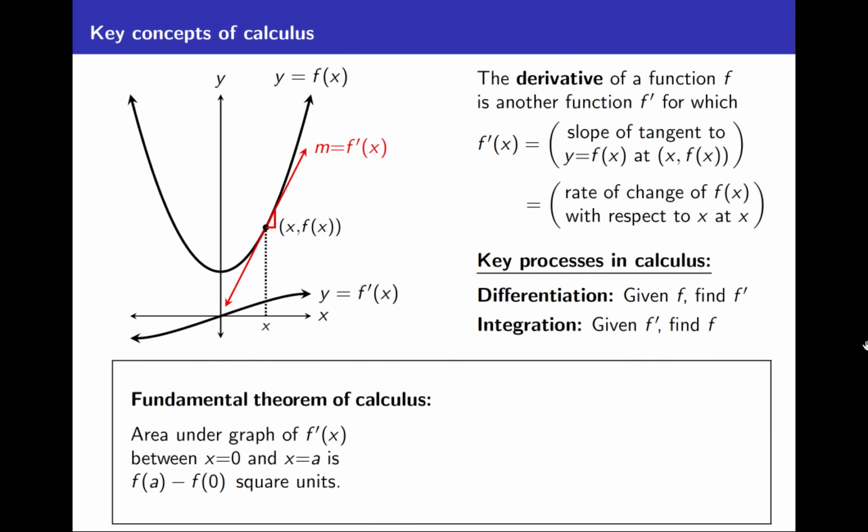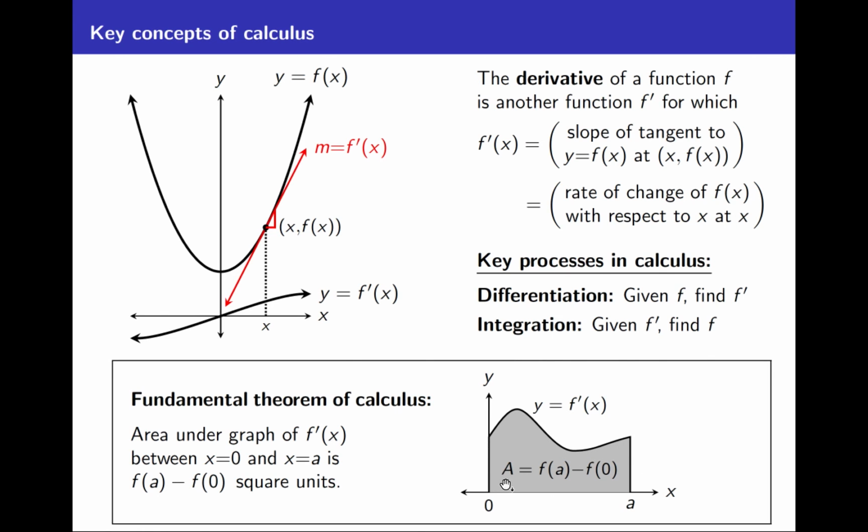And this probably needs a picture. Here I've graphed f prime of x, y equals f prime of x. That's the graph of the derivative of some function f. And between x equals 0 and x equals a, and under the graph of f prime of x, there's this shaded area, this gray area.